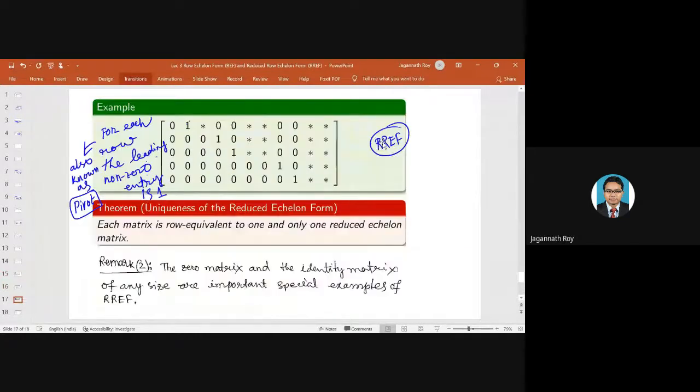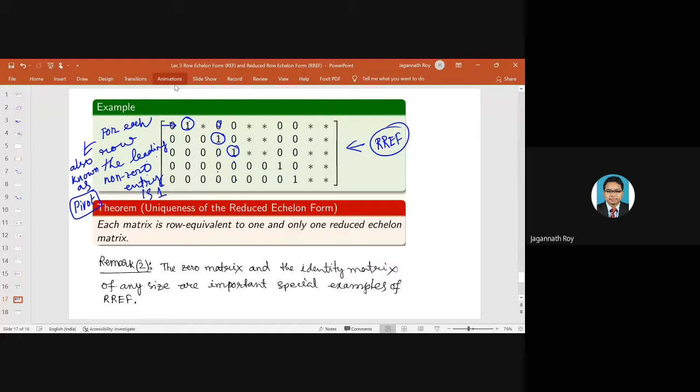So if you think about it, this is one RREF. The first row we have 1, second row we have 1, and except 1, all others are 0. And it is also satisfying property 1 and 2. Property 1 says if a 0 row is there, then it will be at the bottom. 0 row is not there, so we don't have to bother about it.